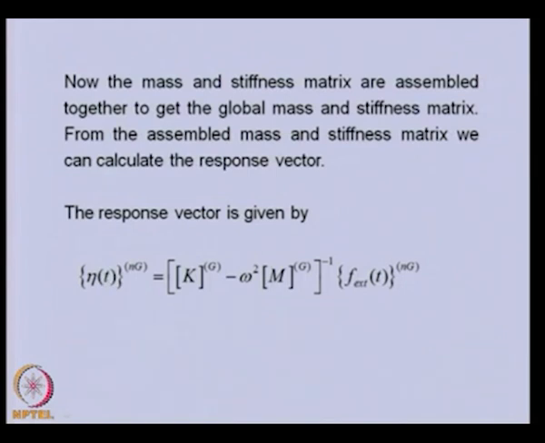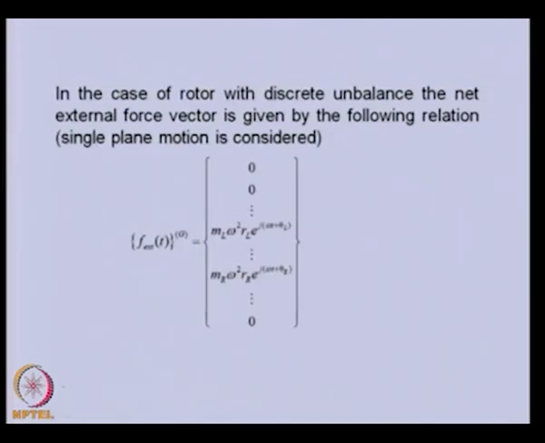That means, whatever residual unbalance we have chosen, corresponding to that we can write the forcing, and then we can obtain the response corresponding to various speeds of the rotor system. In the forcing, the vector will have terms only where the unbalance is present, because we have two discs only. So, these are the corresponding forcing terms.